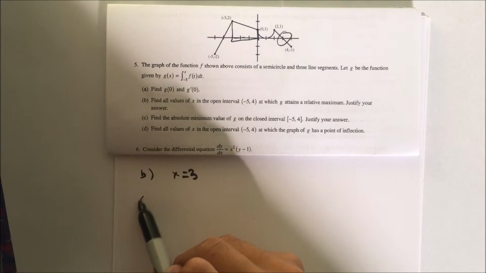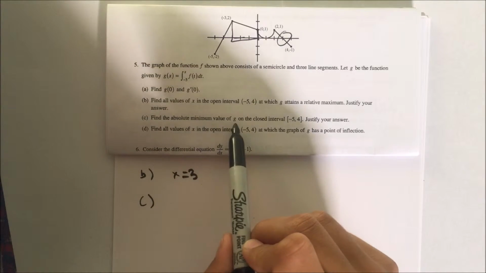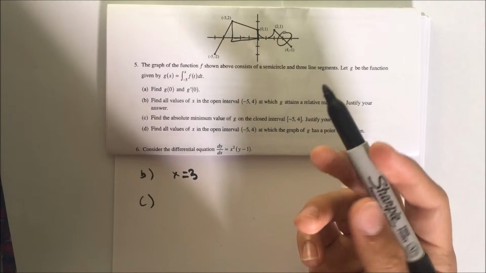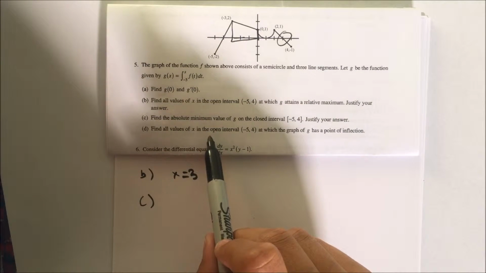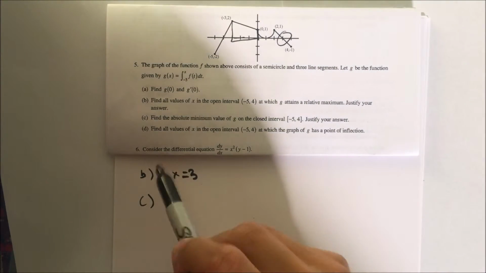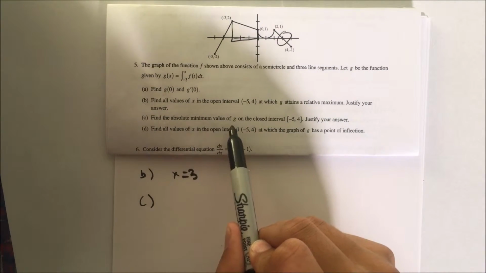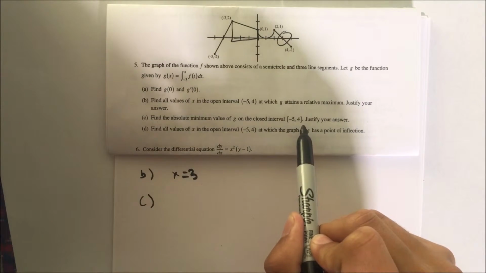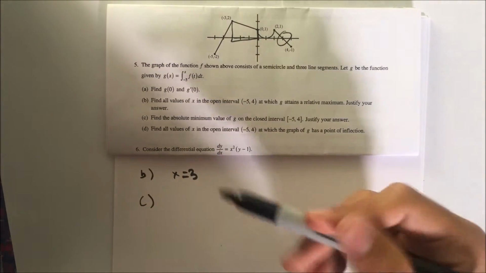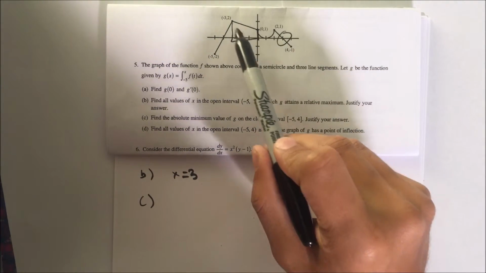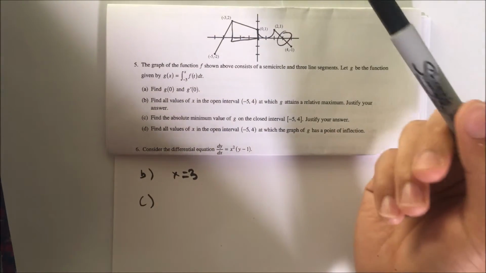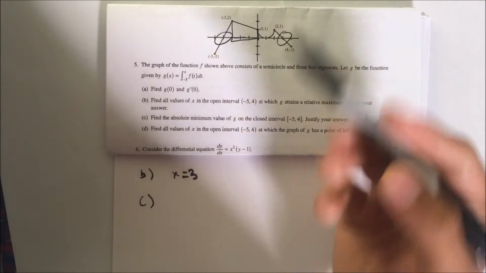Okay, so for part C, it says find the absolute minimum value of g on the closed interval of -5 to 4 and justify your answer. So when looking for the absolute minimum, looking back at the graph, it's always where the graph changes from negative to positive, and where that occurs is over here at -4.